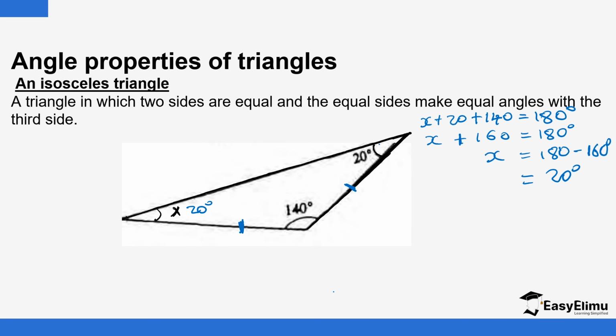The moment you have the angles, this and that, being equal in size, it also means that the sides here and that side are equal. Again, when you have this side and this side being equal, then also the angles must be the same. So sometimes we'll give you the sides being equal, then from there you can conclude that the angles are the same. If you give the angles being the same, then you can also conclude that the sides are equal.